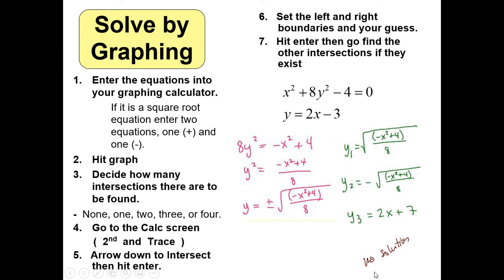But for this example, there is no solution, and you should try that on your calculator to make sure you do that correctly. All right, well, that is where we are going to finish for today. I know I went very quickly, so you might want to hang on to these notes to help you with the study guide. But that's where we're going to finish for today.